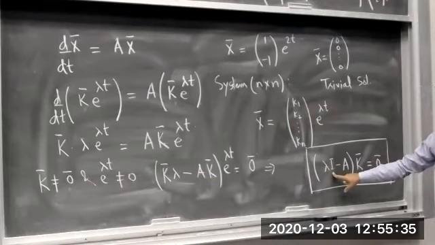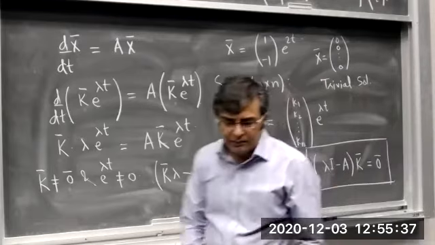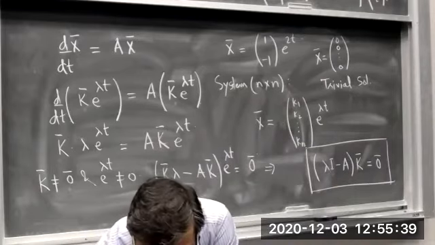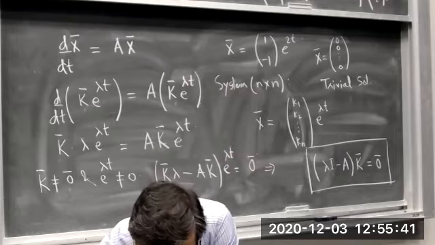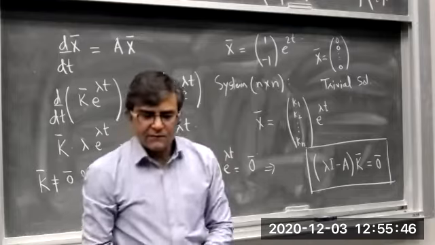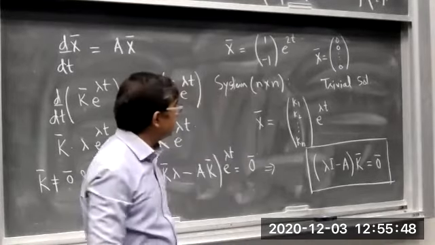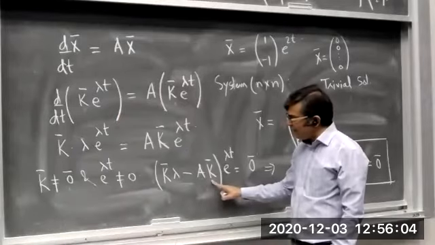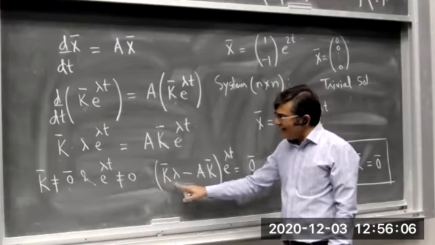Can anyone tell me? Two people are waiting to join. Yes? A student answers: when we take k common, since A is a matrix and we subtract something from it, that should also be a matrix, so it becomes lambda I. Definitely, because A times k is a vector and k times lambda is a vector.